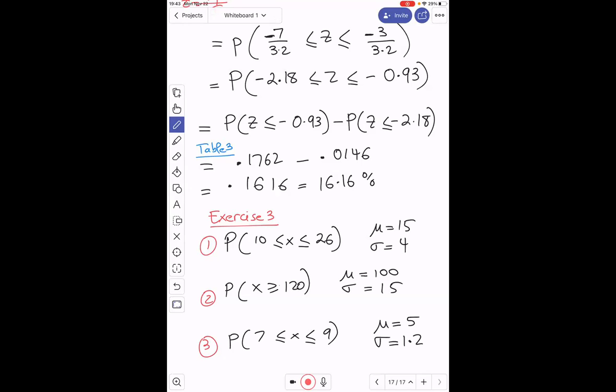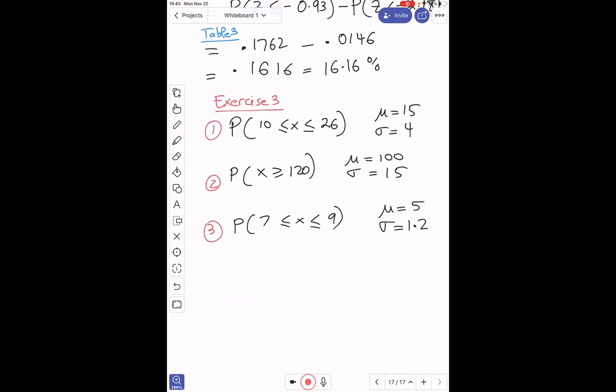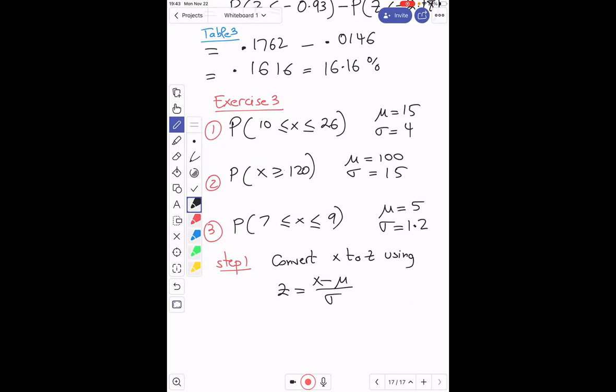So again, the idea, guys, is first step, step 1, you need to convert x to z using the formula, so z would be x minus mu over sigma, right? For example, in the first, you have 10 and 26.